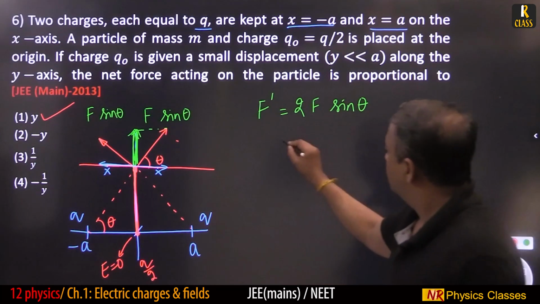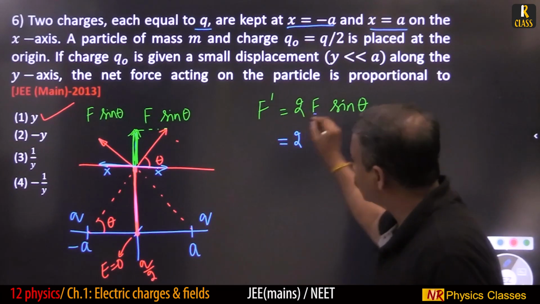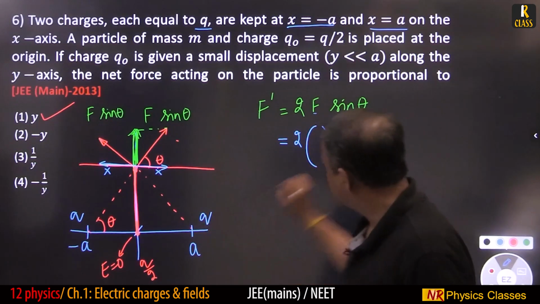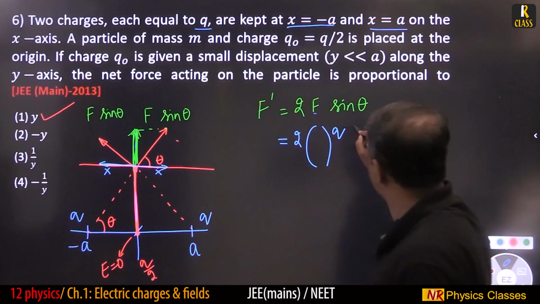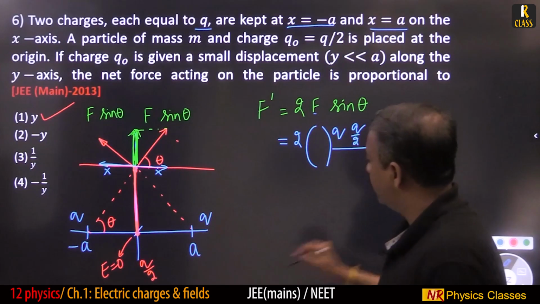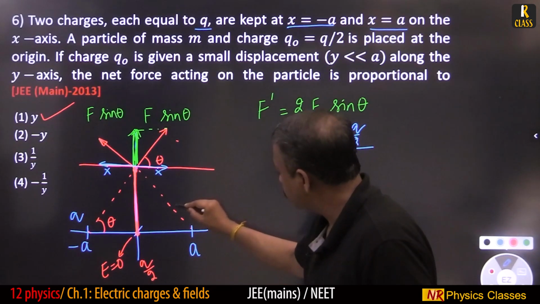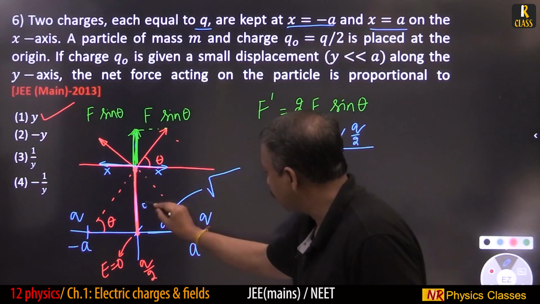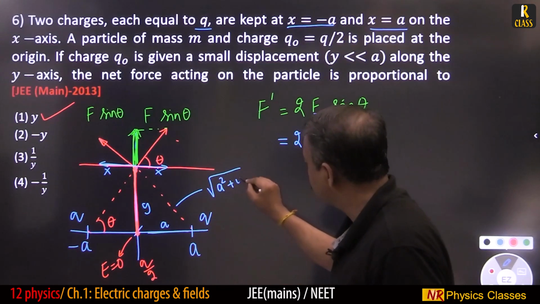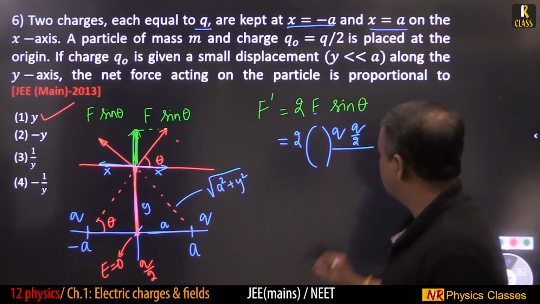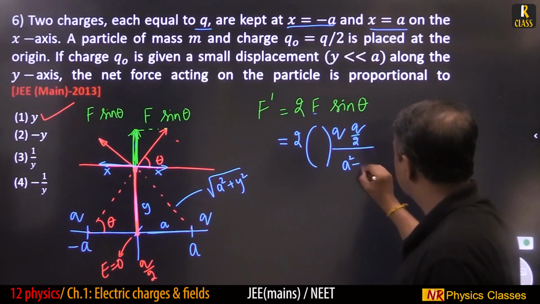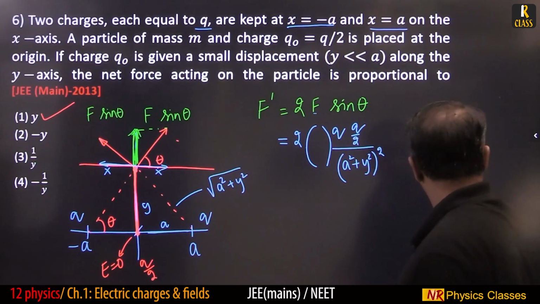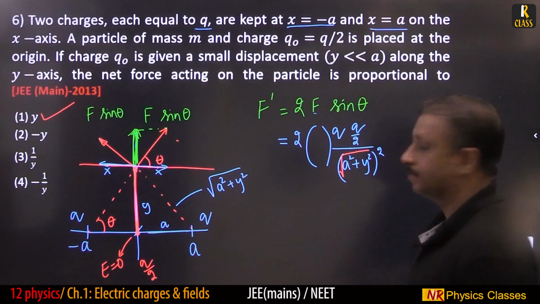Now, using this, at least once, let us write the full formula. 2, the force between these two is constant, charge Q, the other charge is Q by 2, divided by the distance squared. This hypotenuse is the root of a square plus y square, where this is a and this is y.